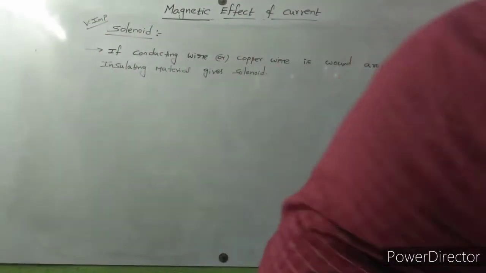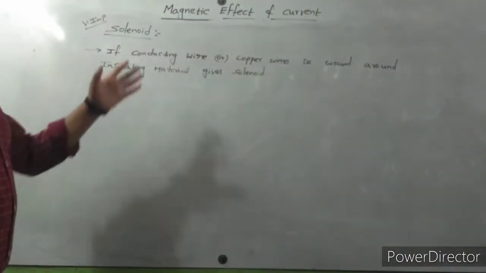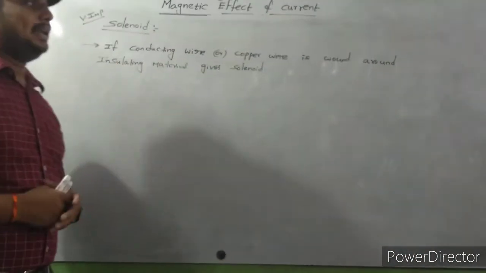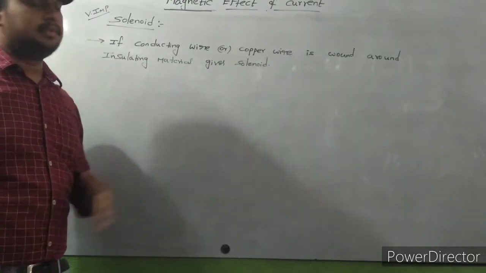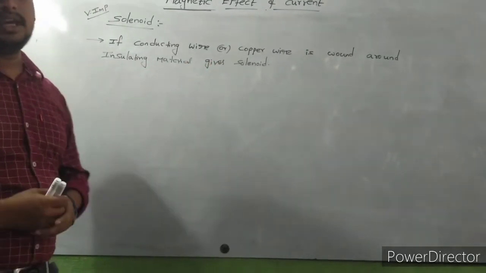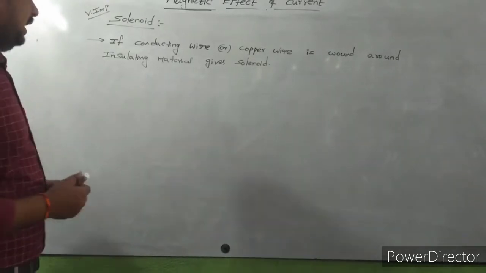If conducting wire or copper wire is wound around insulating material, it gives a solenoid.